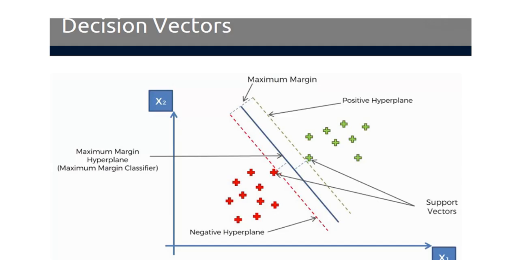The distance between these two hyperplanes represents the margin. The support vectors lie closest to these margin boundaries. So remember, larger margin means better separation. And SVM tries to find the decision boundary that provides the maximum possible margin.